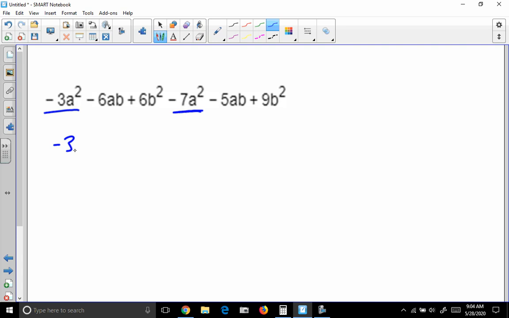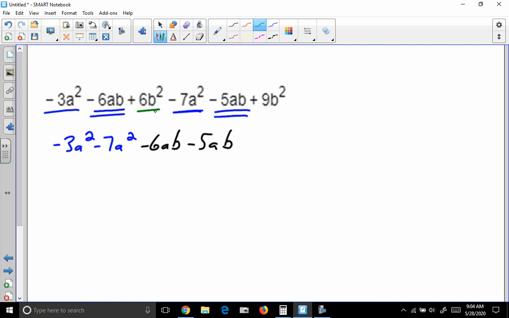So, a squared and minus 7a squared, those are alike. The next term we see has an a to the first and a b to the first. Well, we have another one of those. So let's copy those. Minus 6ab, minus 5ab, those are alike.